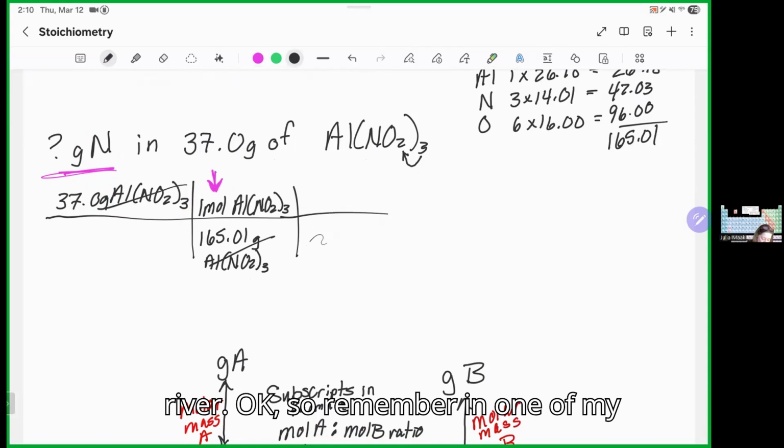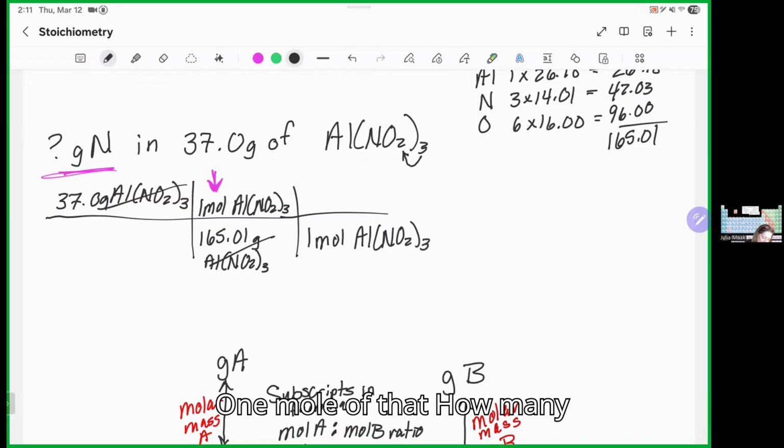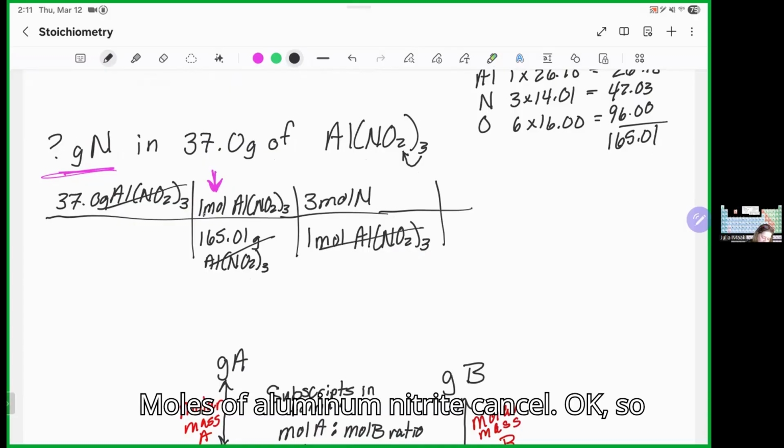Okay, so remember, in one of my big chemical, one of my entire compound, 1 mole of that, how many moles of nitrogen do I have? I've got my 3 moles of nitrogen. Moles of aluminum nitrite cancel.